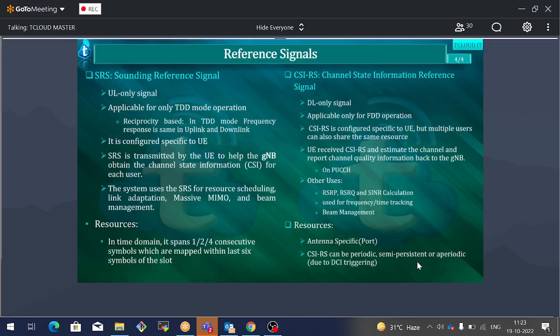So the mobile sends the CSI for downlink MIMO. What does the mobile do? The mobile estimates the CSI and packs this information on the PUCCH and sends it back to the gNodeB, either on the PUCCH or on the PUSCH if a chance is given.